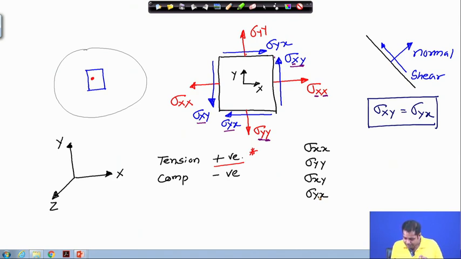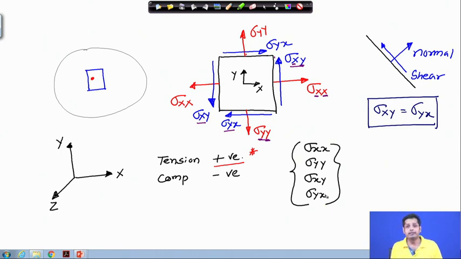So these are the four stresses we have. This is the graphical representation of the stress at that particular point, and this is the same stress written in a vector form.